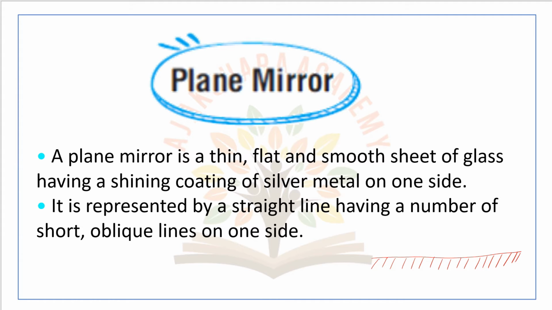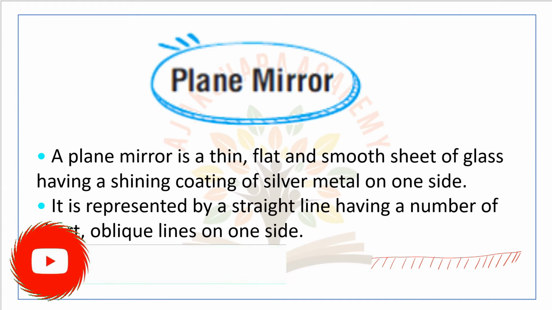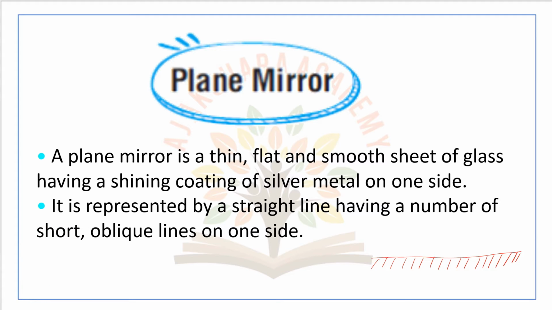So, a plane mirror is a thin, flat and smooth sheet of glass having a shining coating of silver metal on one side. It is represented by a straight line having a number of short and oblique lines on one side. Okay. Next.